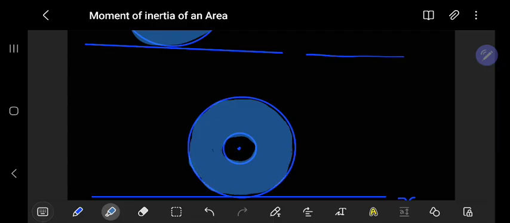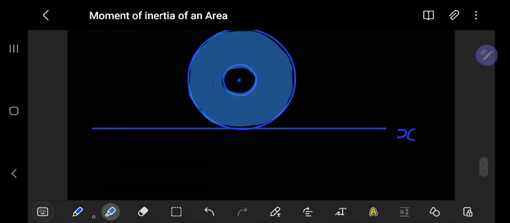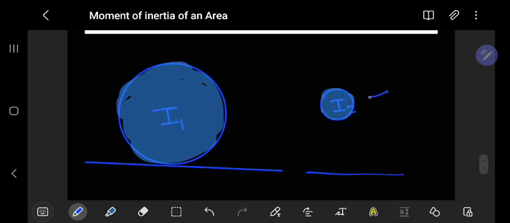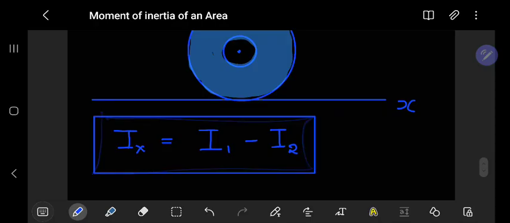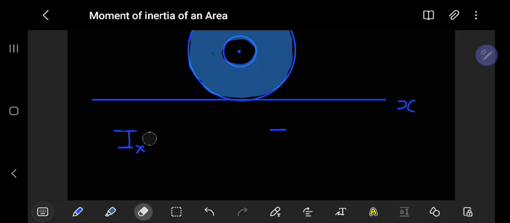So since the moment of inertia was evaluated about the same axis and nothing really has changed, it turns out that the moment of inertia about the x will be equal to the moment of inertia of the whole circle as if there was nothing inside, as if it was just complete, minus the moment of inertia of the hole that is being poked inside, which is the moment of inertia of that circle inside. So this is the property that we're trying to take advantage of. Now, how do we use it?